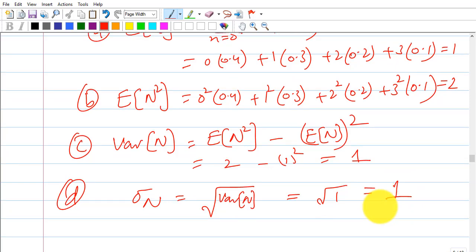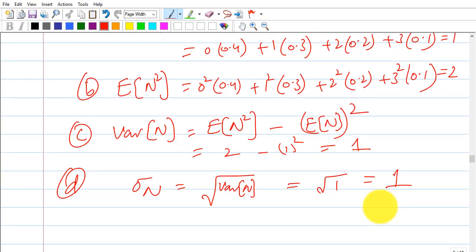Now this is somehow the end of this chapter. Not exactly, but we are left with the MATLAB part. I suggest that you go through that part by yourself. That's straightforward.